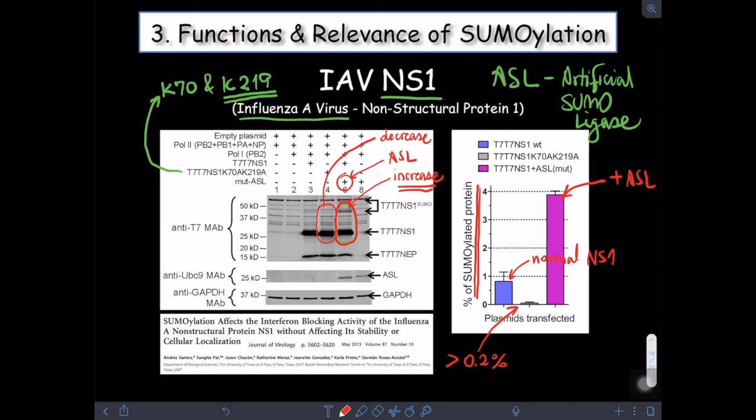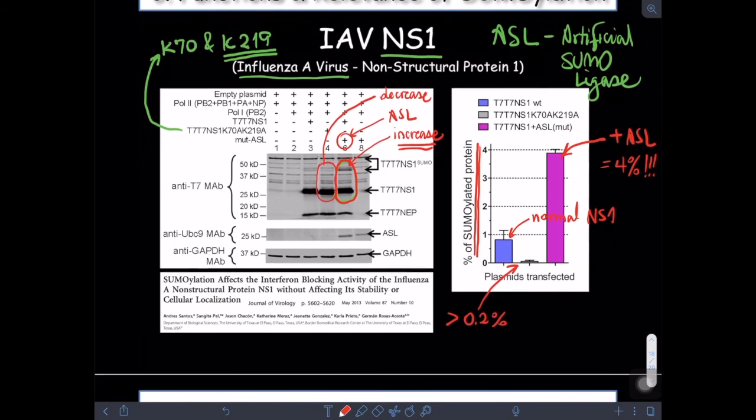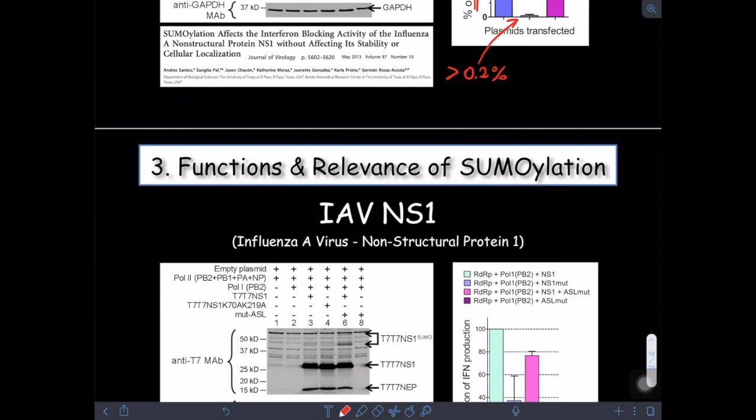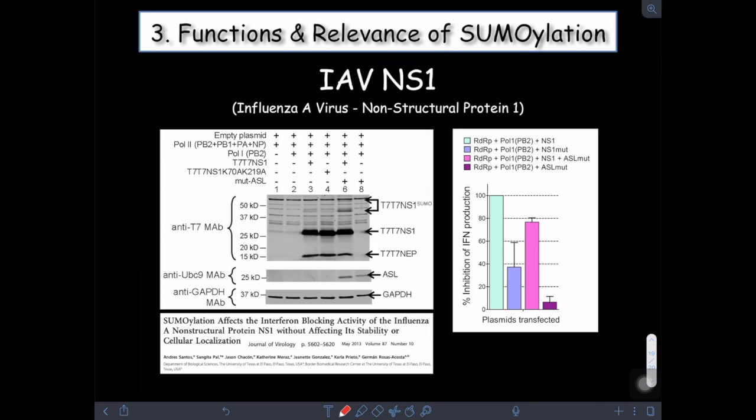And then we went on to assess the ability of NS1 to inhibit the production of interferon in the cell, because that's the main function of the NS1 protein of influenza A virus. To do this, we used a transfection protocol that recapitulates the main events that happen during a normal influenza A virus infection, and by doing this, triggers interferon production by the same mechanisms that are normally involved in triggering interferon production in virus-infected cells.